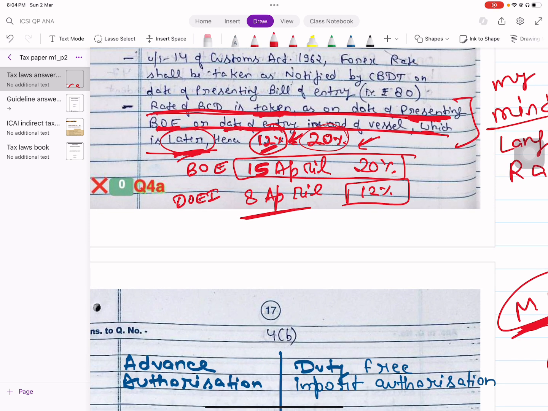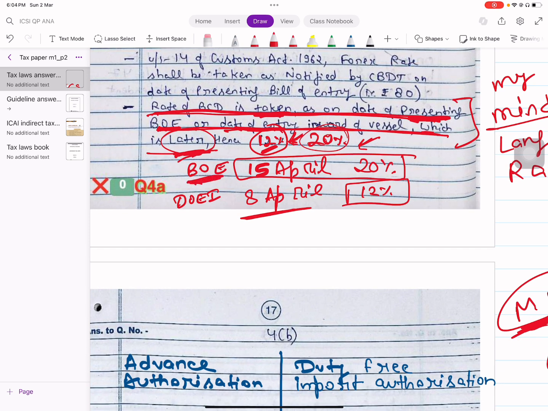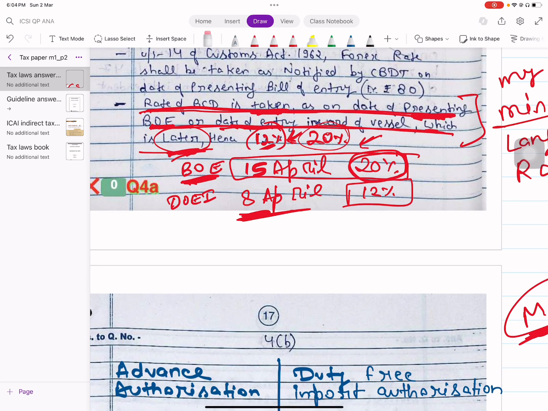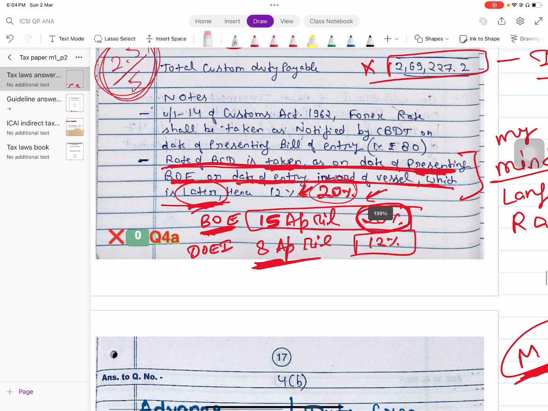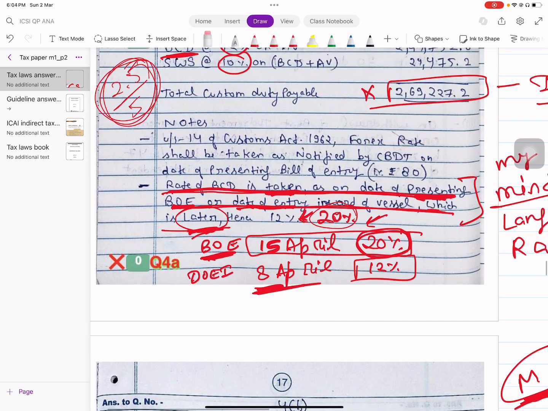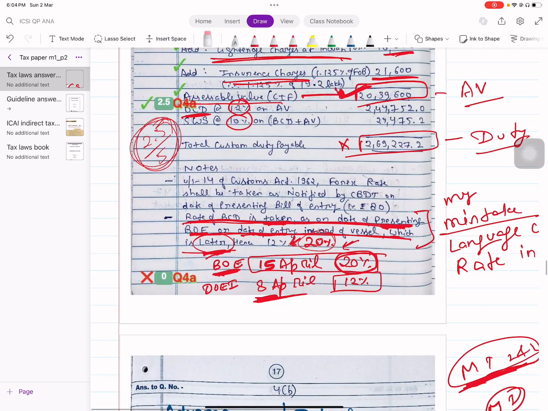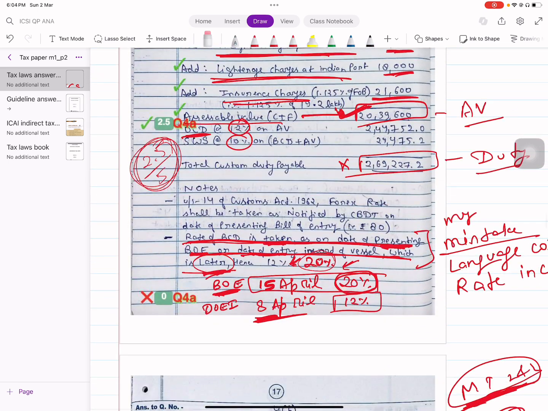In the question, the bill of entry was on 15th April, which was later, and that's why I had to take the 20% rate. However, I have mistakenly taken the 12% rate. That's why my calculation went incorrect, and the examiner has given me only 2.5 marks out of 5 marks.